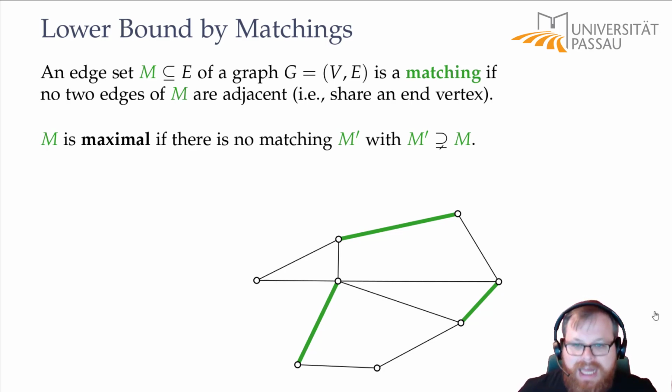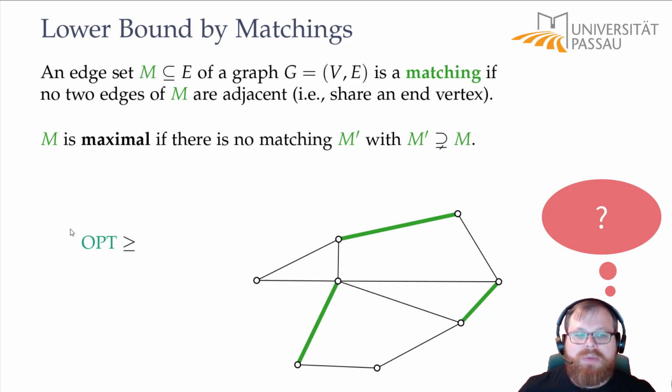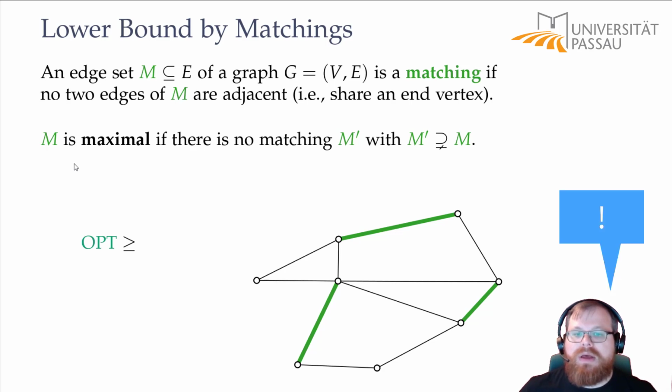But how does that help us? With the matching, we want to find a lower bound for the optimum. Now you can think again, how can I get a lower bound for the optimum of the vertex cover from a maximal matching? Actually, the maximal matching itself gives us a lower bound. And that is quite easy to see.